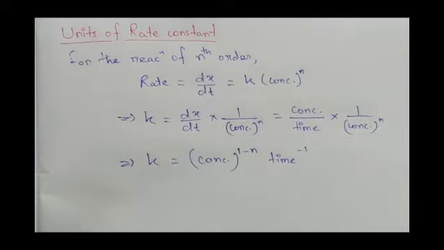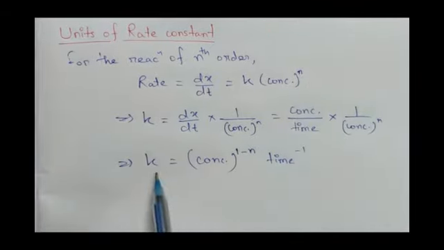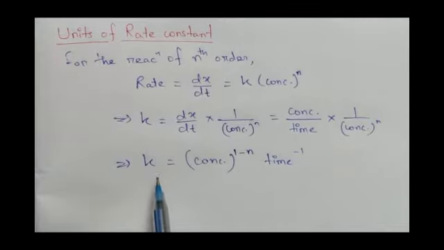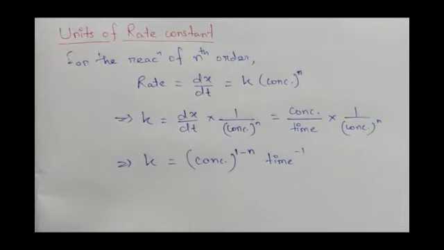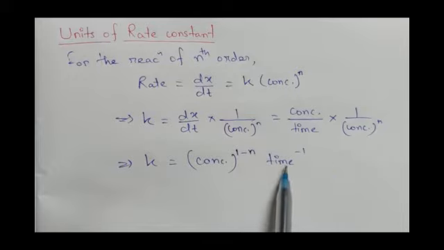Now concentration is given in moles per liter and time is given in seconds. For a zero order reaction, n is 0. The concentration will be moles per liter, the power will be 1 minus 0, that means 1, and second inverse.